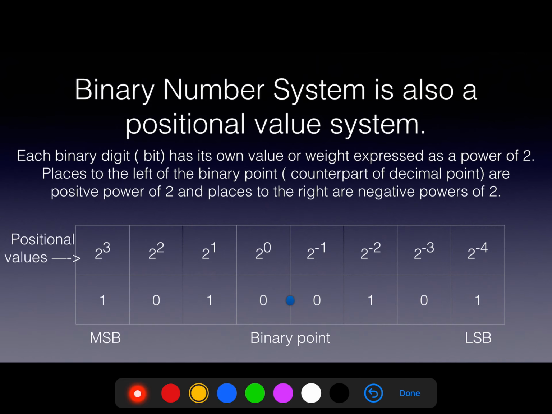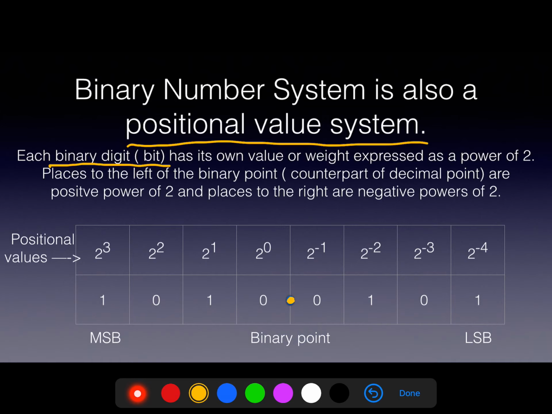Now we'll see that the binary number system is also a positional value system, like the decimal number system. Here also the position of each bit, which is a binary digit, is most important, and each binary digit has its own value or weight expressed as a power of 2. This is our binary point.